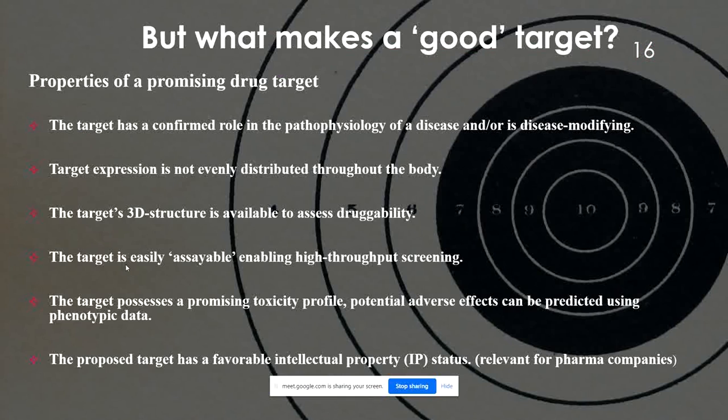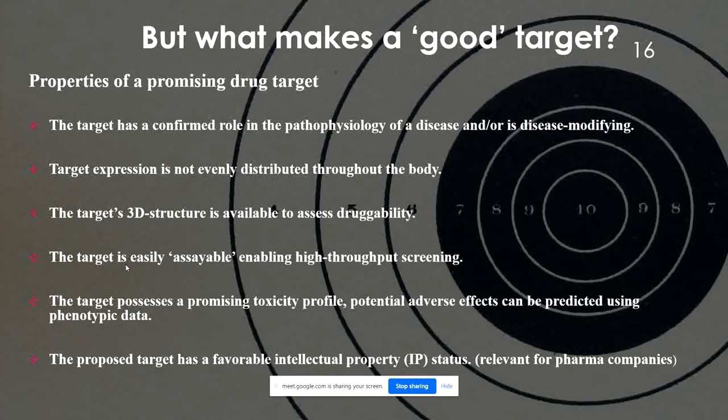Now this term biological target is frequently used in pharmaceutical research to describe the native proteins in the body whose activity is modified by a drug, and that results in a specific effect. And this effect may be a desirable therapeutic effect, or it may also be an unwanted adverse effect.